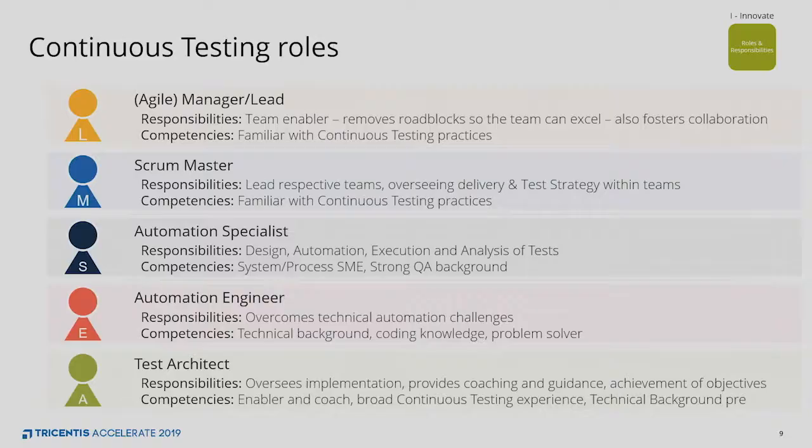And the test architect is the person that looks more at it from a broader picture. He will take care that best practices are implemented. He will foster collaboration across the teams. And he will make sure that he provides the coaching and guidance that is required to get our automation specialists basically effective and efficient.